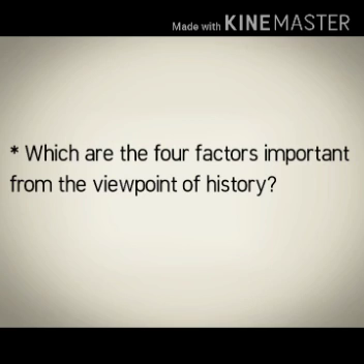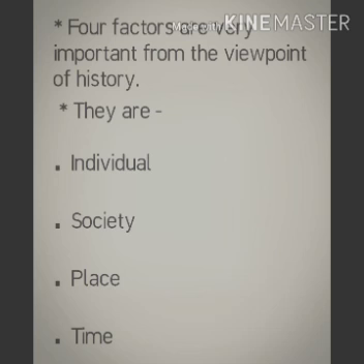Students, if you remember, last year we studied the 4 major pillars of history, without which we cannot write history. So, which are the 4 factors important from the viewpoint of history? 4 factors are very important from the viewpoint of history.